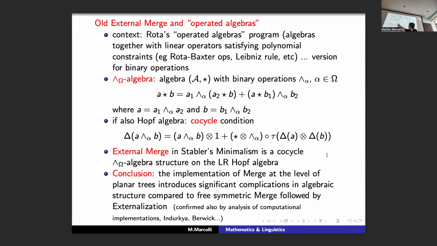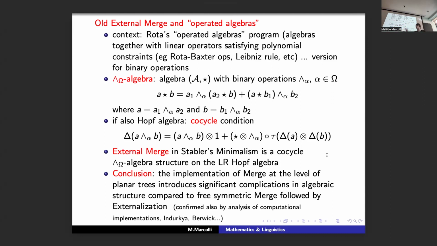And it satisfies an identity with respect to the product. So it has to distribute over the product in this way, where each element can be split according to this operation. This is exactly like in the planar trees, where you can separate out the left and the right part below the root.